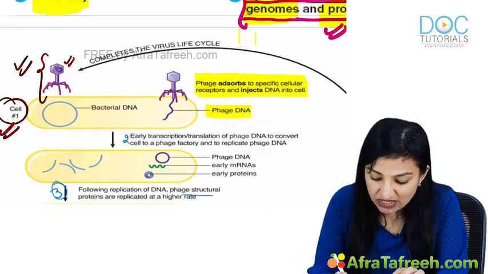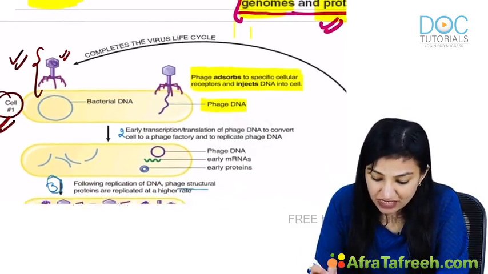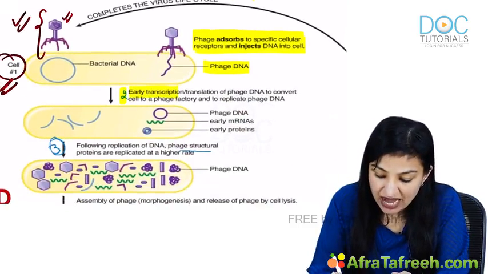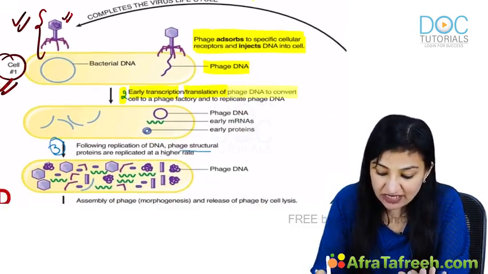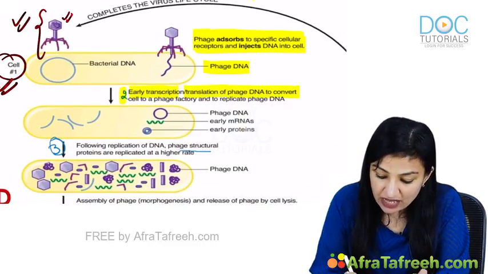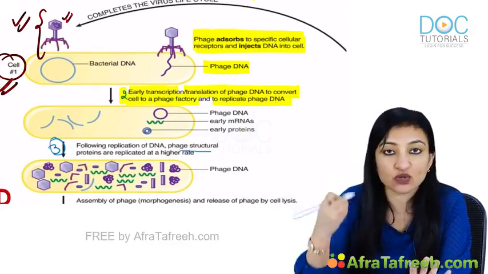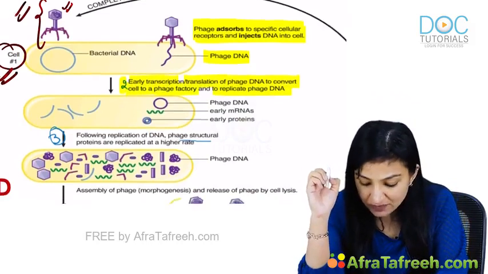This is the phage DNA, purple in color. Next, early transcription and translation of phage DNA occurs to convert the cell into a phage factory and to replicate phage DNA. This I have already explained in the previous diagram.